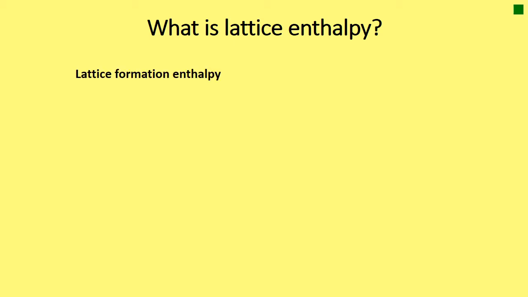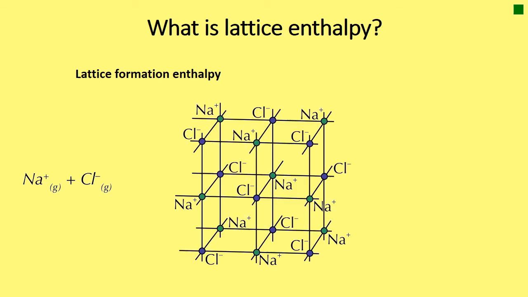The first way is the lattice formation enthalpy, and this is when we start off with gaseous ions, 1 mole of each, and we turn that into the ionic lattice.